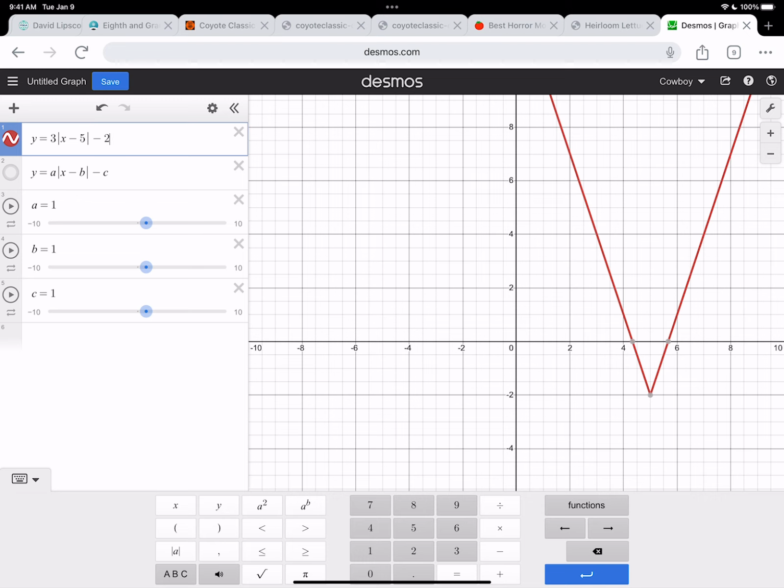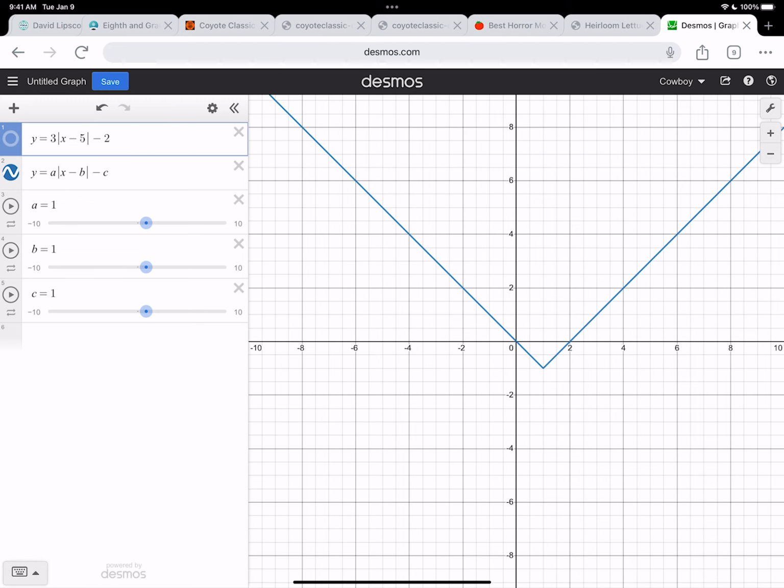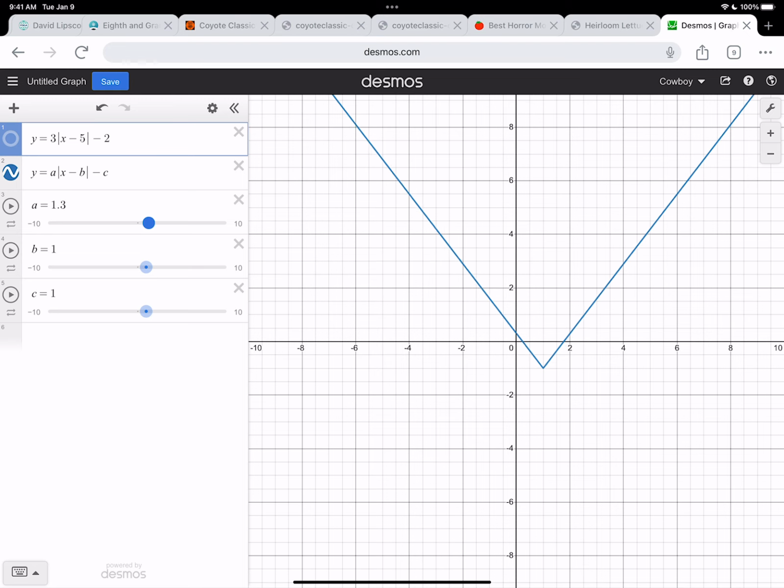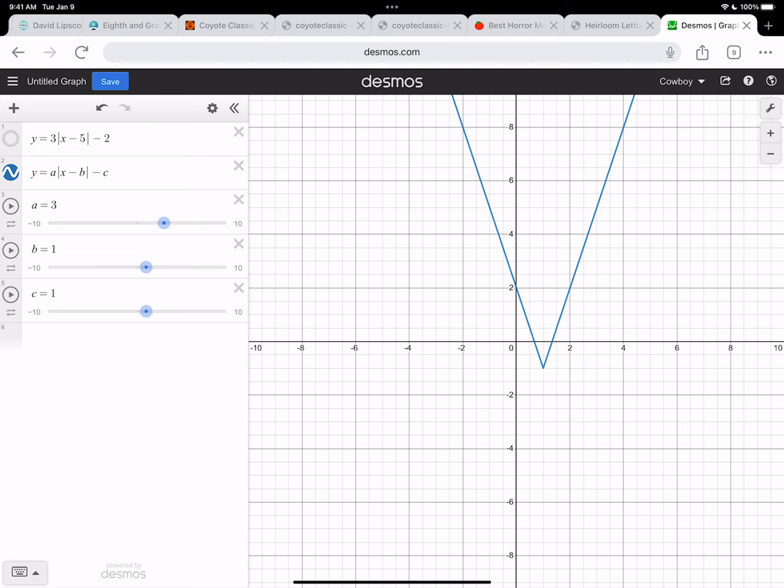Now let's look at it. This is kind of a cool way to really see what happens. So I'm going to do this thing called make it a slider. Now remember A, let's say I make that a 3. And B is a 5. And then C is a 2. Okay, so now let's see what happens when I make A big and small.